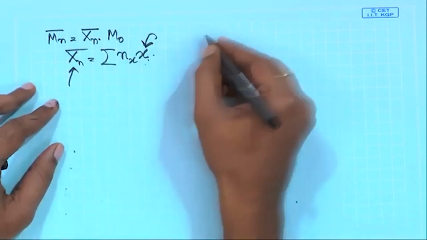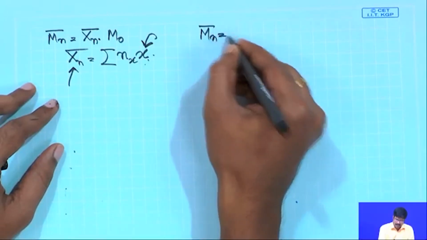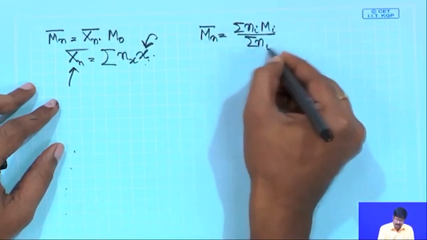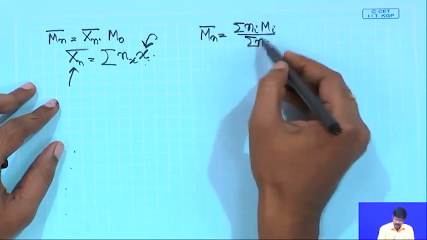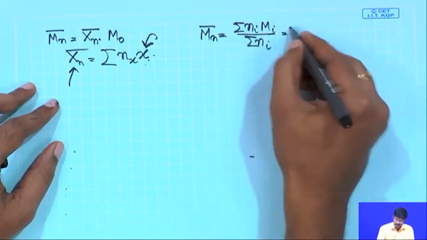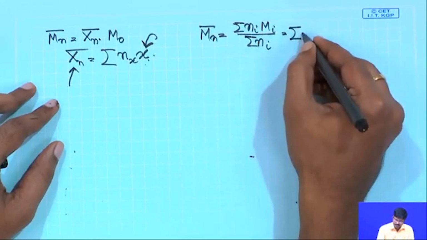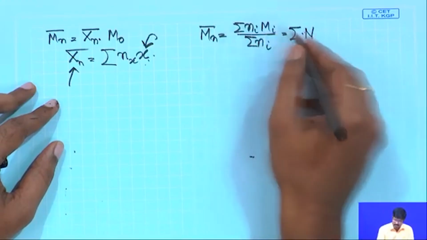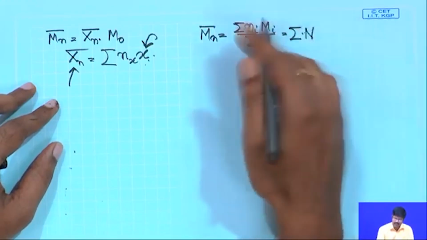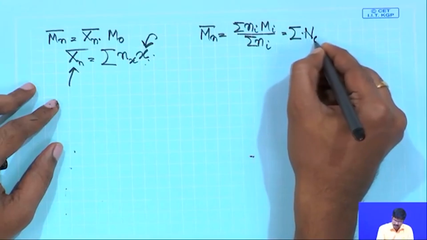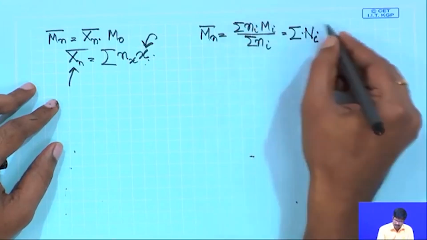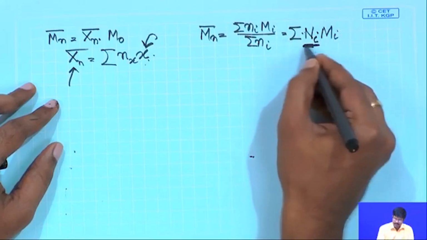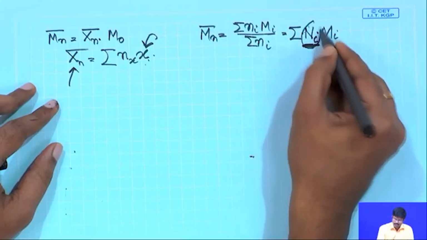Let us say when you talked about the expression of Mn, that was summation Ni Mi divided by summation Ni, if you remember. You can also write it down as summation of capital Ni into Mi, where capital Ni is the mole fraction.